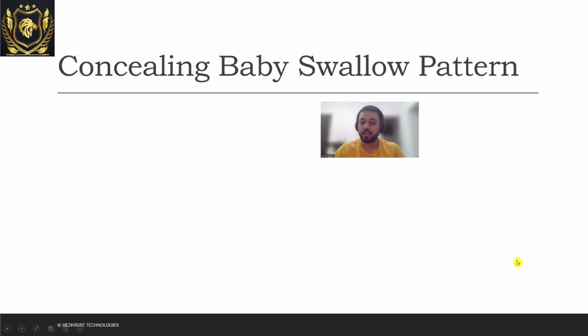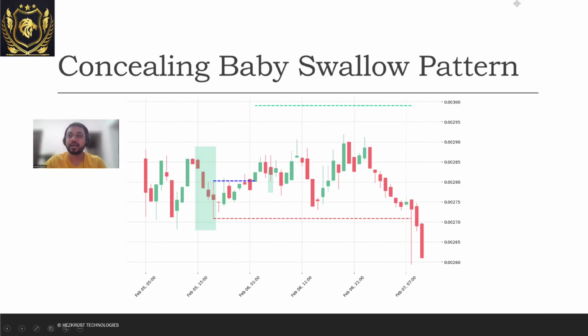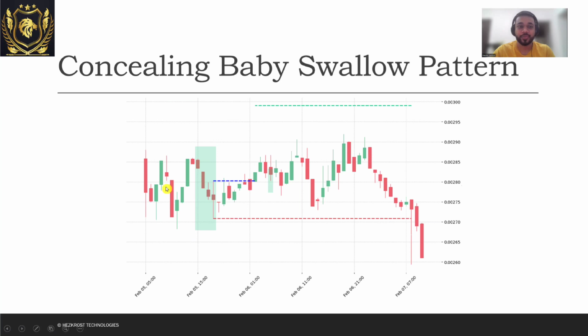Now let's look at an example. Here you see there were bearish patterns. Here you see a Marubozu which was formed.